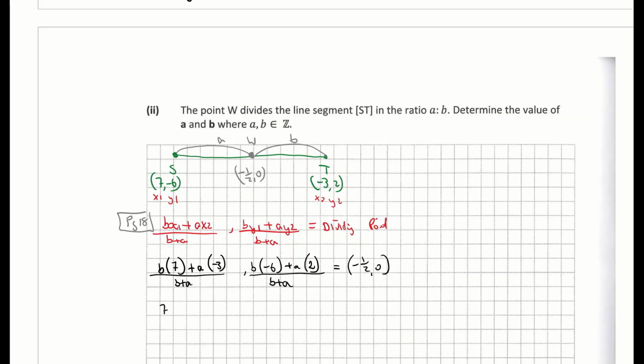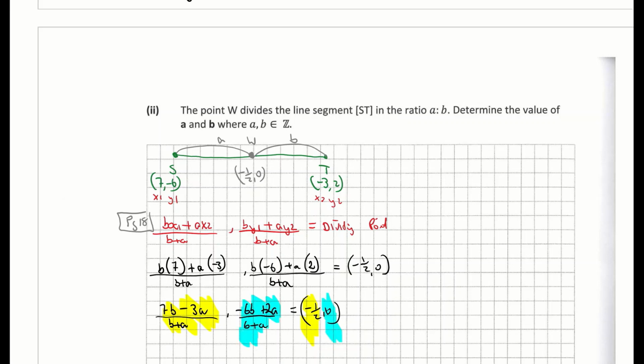And just tidying that up, 7 by B is 7B, minus 3 by A is minus 3A, and that's all over B plus A, comma minus 6B plus 2A when I multiply them in, and all over B plus A, and that's equal to minus a half, 0. Okay, so I now know that this part is equal to minus a half, and I know then that the second part is equal to 0.